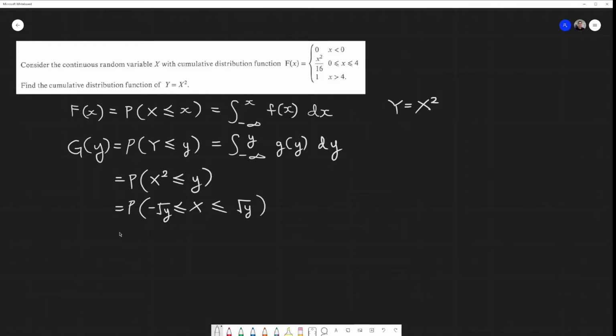Okay, so what next? Okay, let me just try to draw that here. Let's say this is our PDF, some random function. Maybe it goes like this. So let's say this is negative square root of y, and this is square root of y.